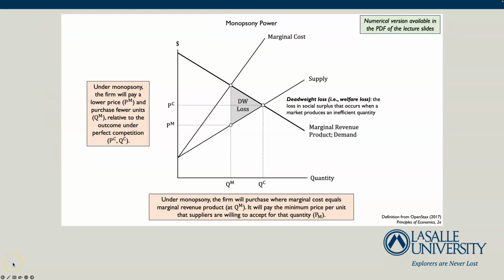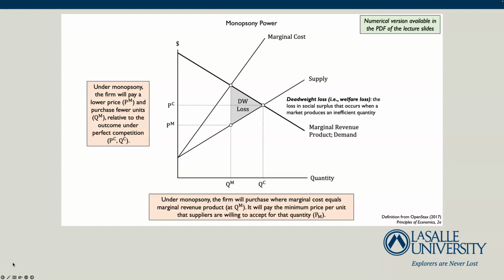With a monopsony, we have a downward sloping demand for inputs, and we have an upward sloping supply for inputs. And the demand here is also the marginal revenue product of the inputs that the monopsony firm employs. Under monopsony, the firm will purchase where its marginal cost of input utilization equals marginal revenue product, here at QM.